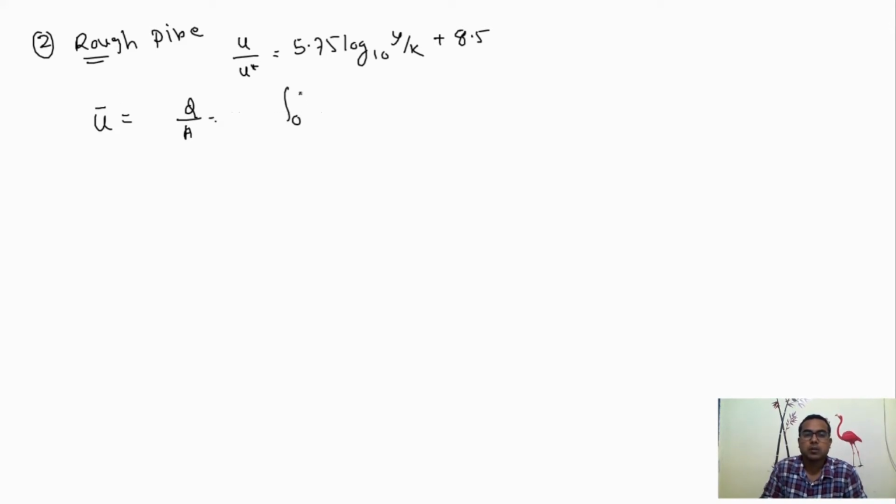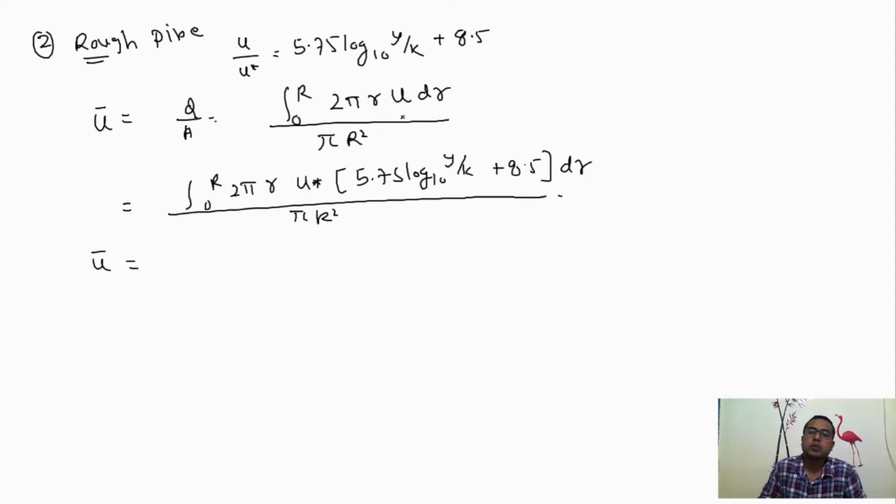That is the integration from 0 to capital R of 2πr times the local velocity u dr, and we divide this whole term by the cross-sectional area.